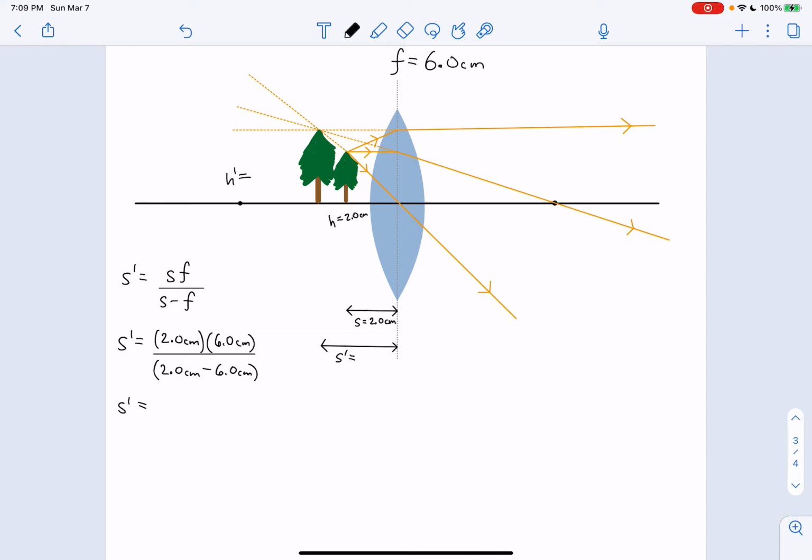And so we get a distance to our image of 3 centimeters with a minus in front. And the minus in front is telling us that we're on the same side as the original object. Okay, so we've got an S prime here of minus 3.